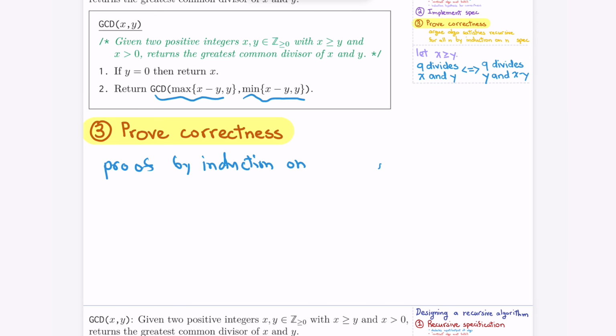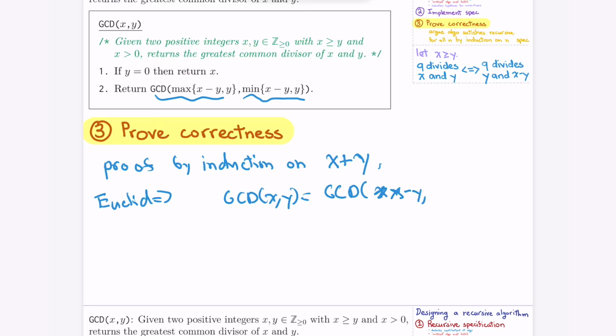Okay. So we can do a proof by induction on x plus y, right? So, Euclid already implies that the GCD of x, y is equal to the GCD of x minus y and y, where you might swap them around based on which one's bigger. Maybe I should put this in quotes. If I put it in quotes, this is just sort of mathematically, and if I don't put it in quotes, I'm talking about our algorithm.